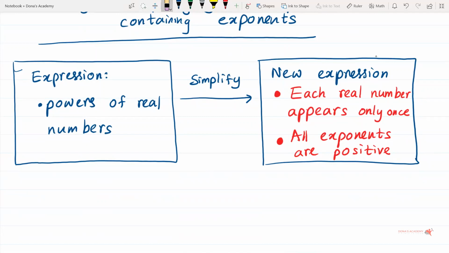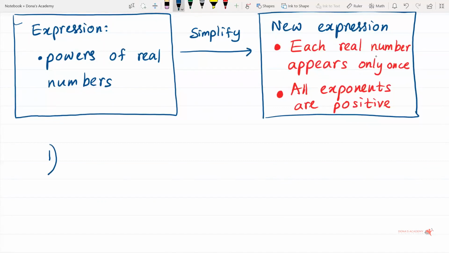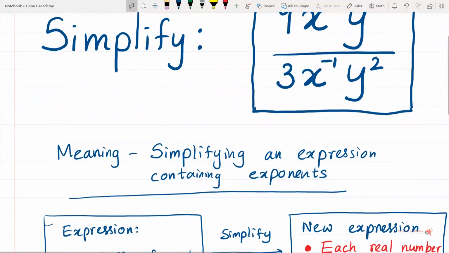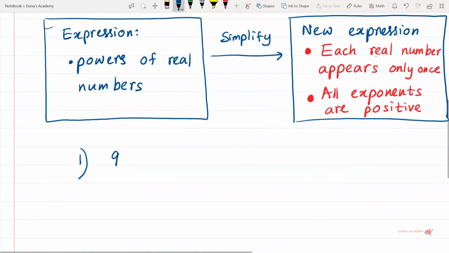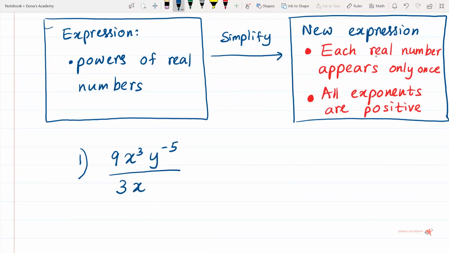All right, so let's come back to our example. We had 9x^3 y^-5 divided by 3x^-1 y^2. All right, so now how do we start? First of all, we can use the laws of exponents, so definitions and everything related to exponents.